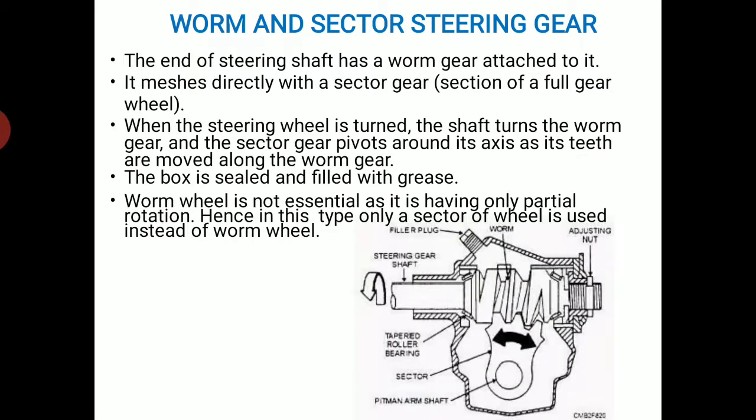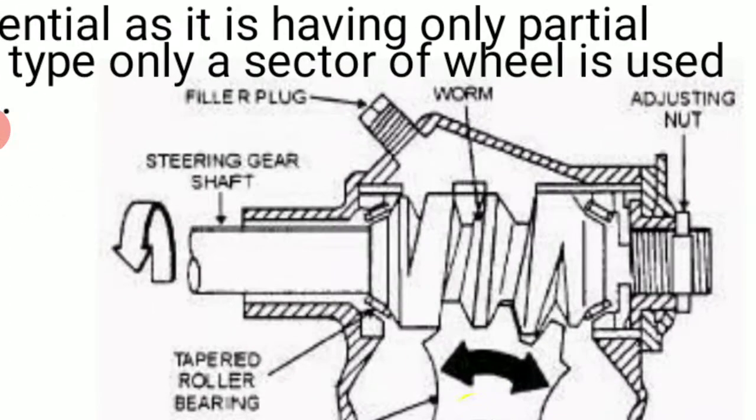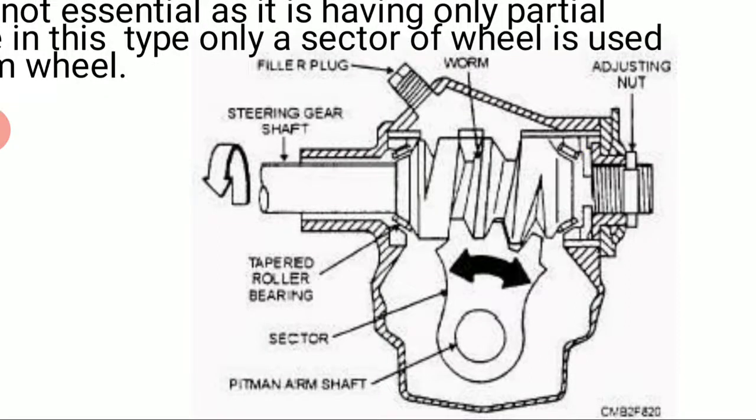Another type of gear is the worm and sector steering. In worm and sector, the end of the steering shaft has a worm gear attached to it, and it meshes directly with the sector gear. You can see this in the figure. When the steering is rotated, the worm gear is rotated, so automatically the sector gear is rotated.